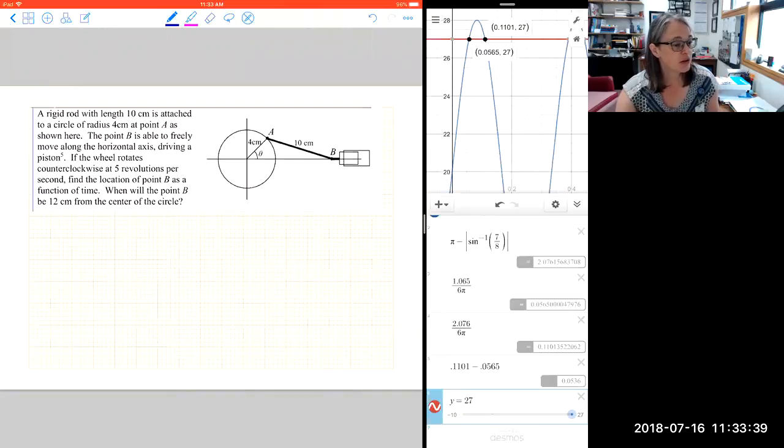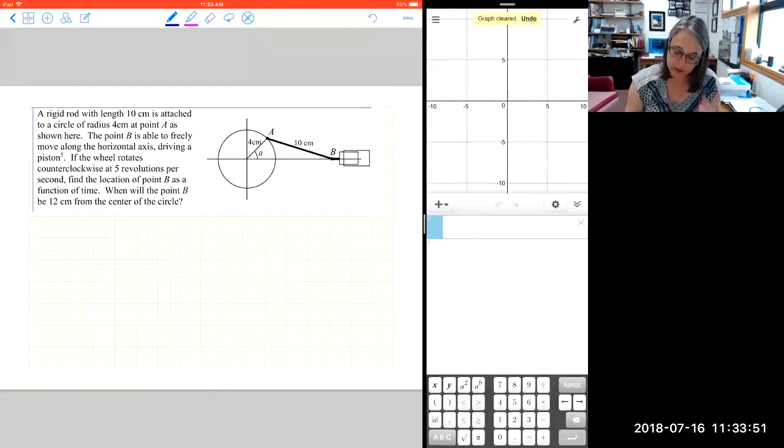So let's start with what we know, which is rotational speed. So we know that the wheel rotates at a speed of 5 revolutions per second, which means, each revolution is 2 pi radians.